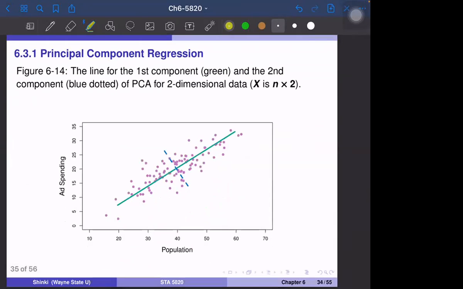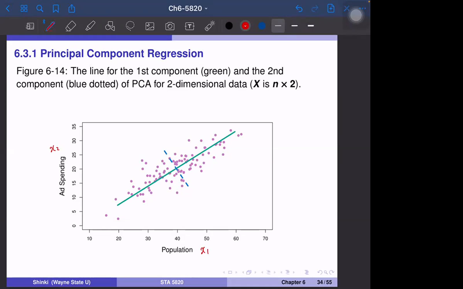Maybe it's good to show an example. This is data with two predictors. X1 is population, and X2 is the advertising spending, probably the population of the market and the advertisement spending of some company in the market. Then you can see that basically, the larger the population, the larger the advertisement spending.